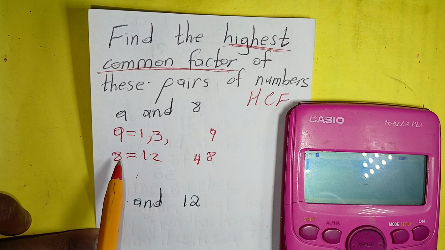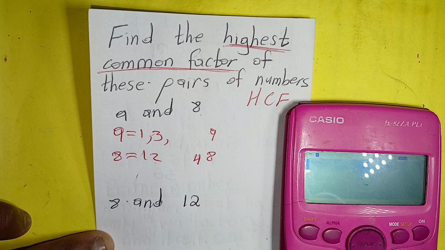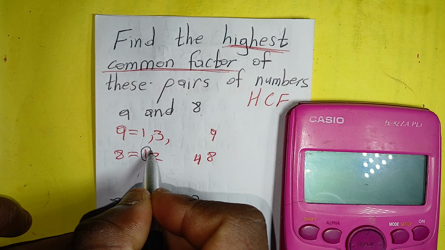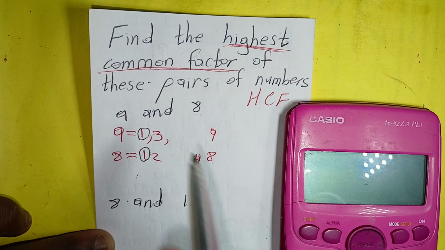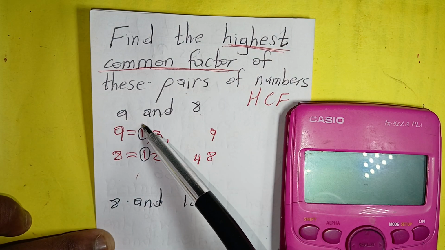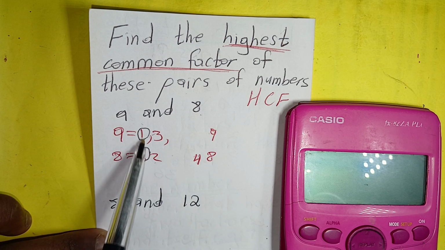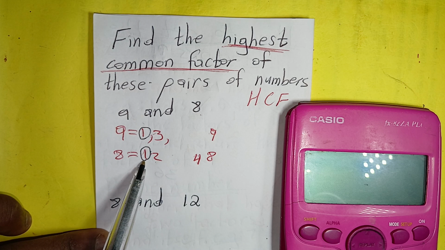So we have to get the highest common factor of these two numbers. The highest common factor of this one, you can just say it's 1. 1 is common to both these numbers. It is the one which is high and also common. Do you see?